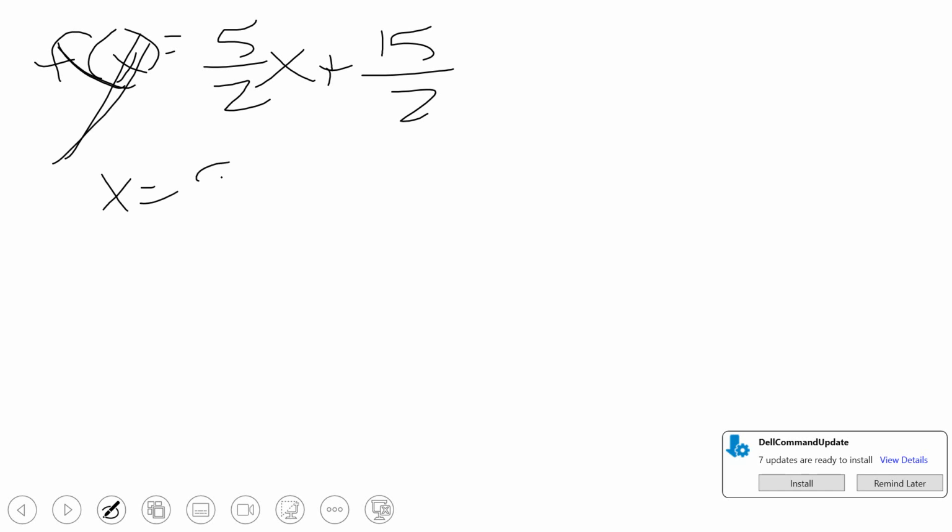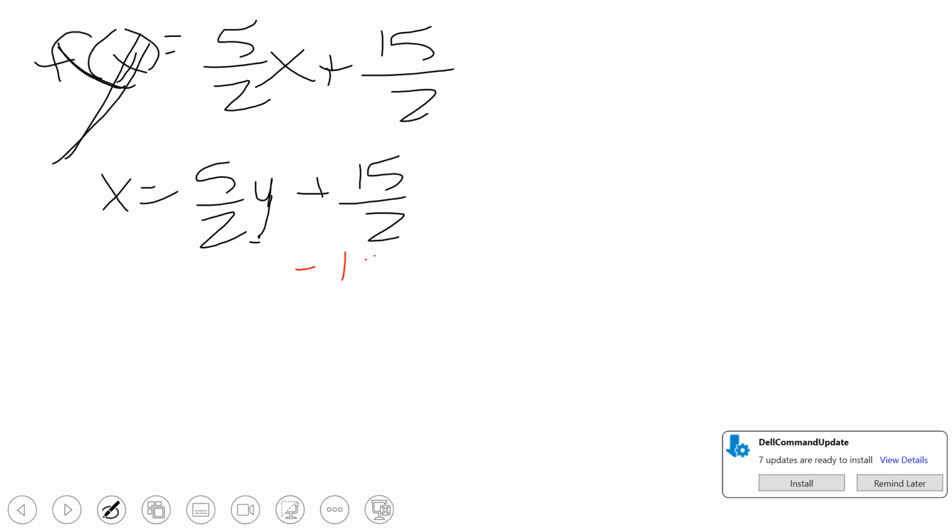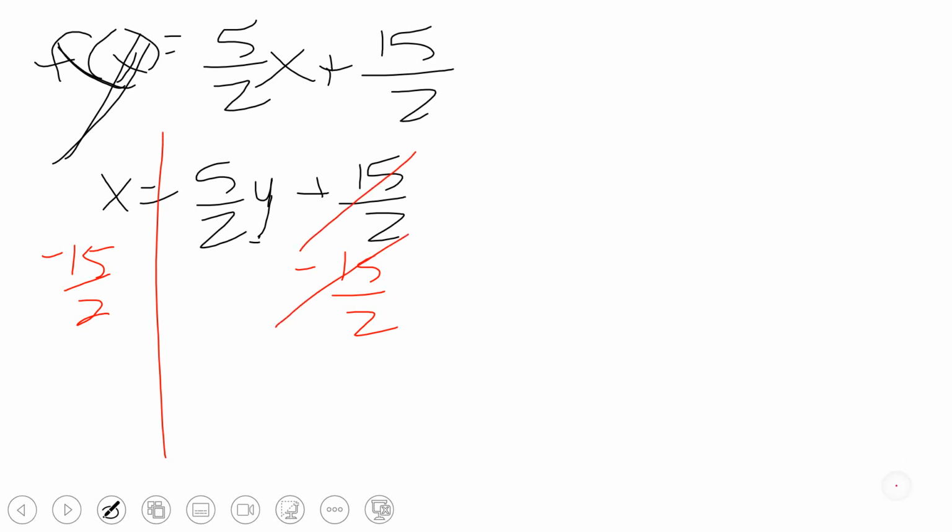Let's switch the x and the y. Step number 2, let's isolate the y. So I'm going to subtract 15 over 2, subtract 15 over 2. These are additive inverses. That means that they're directly opposite of one another.